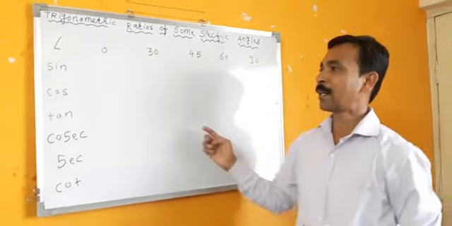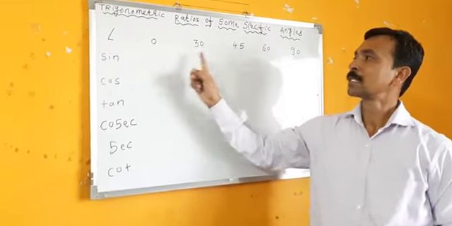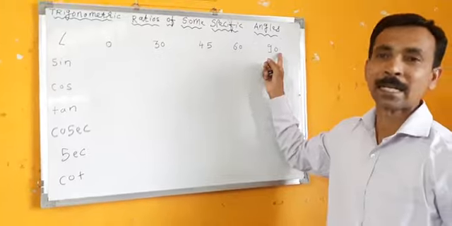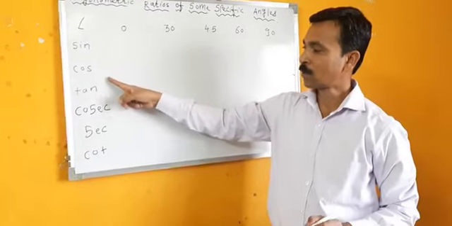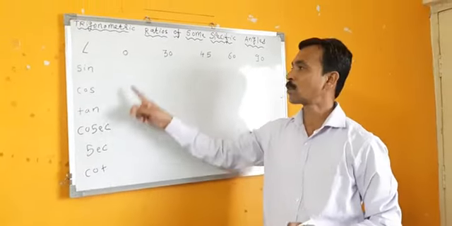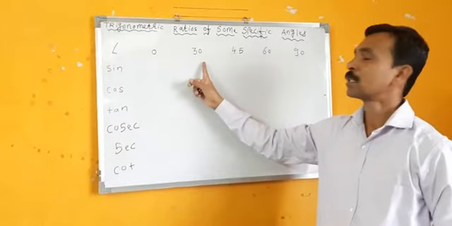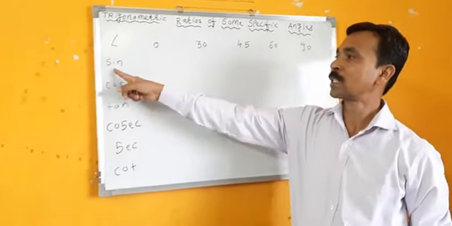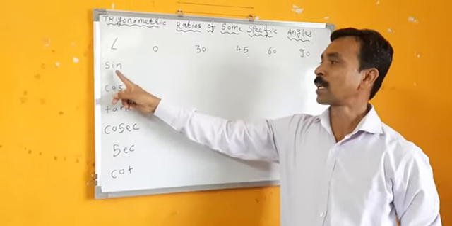We have to find the values for sine 0, sine 30, sine 45, sine 60, sine 90. Similarly, for the remaining trigonometric ratios also we have to find the values for 0, 30, 45, 60 and 90. First, we'll find for sine.